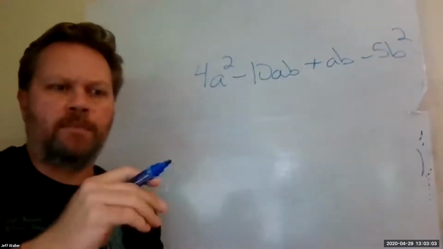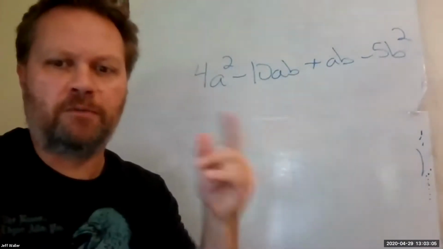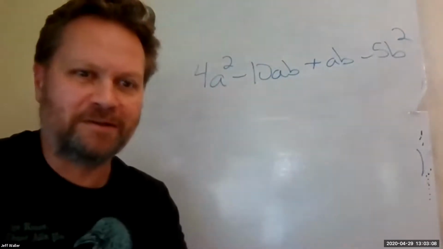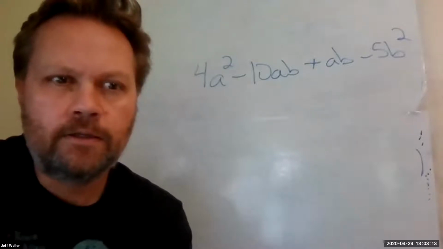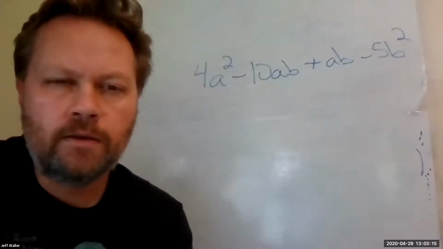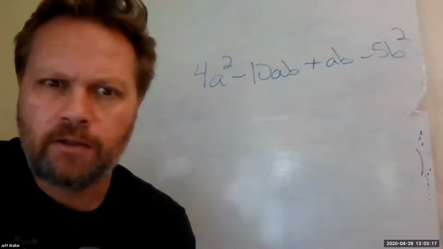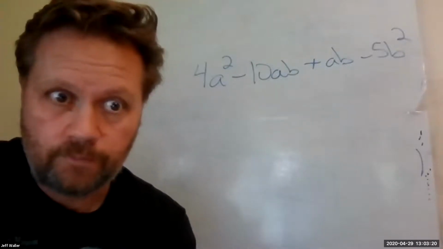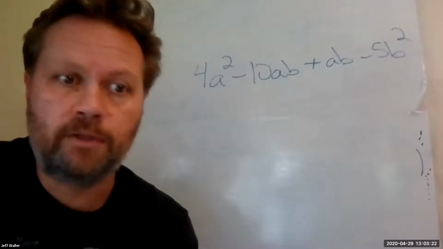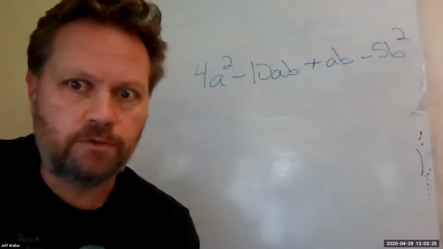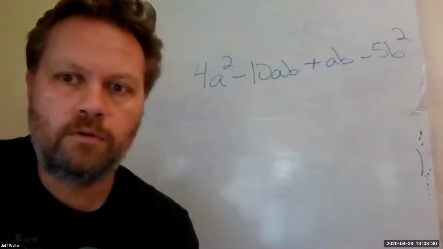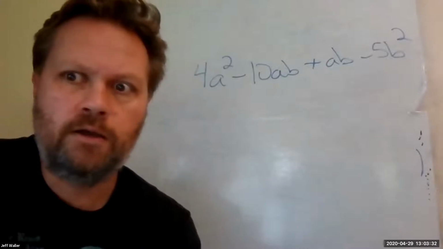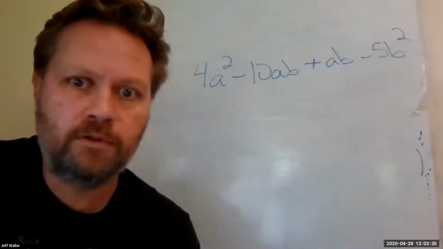So before we do any more of these, let's remember grouping. What about if I had plus BC, 2A minus 5B? What is it about this problem, besides the fact that I just said we're going to be doing grouping, that tells me to use grouping? How many terms are in this problem? 4 terms.